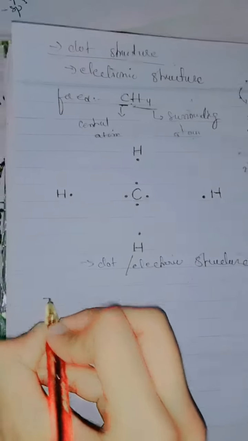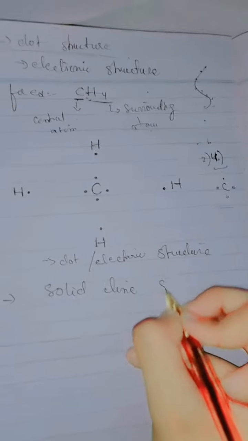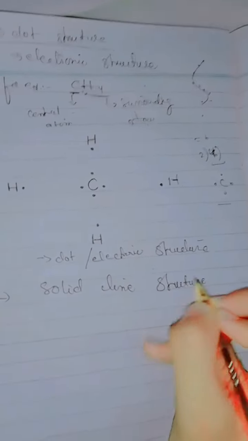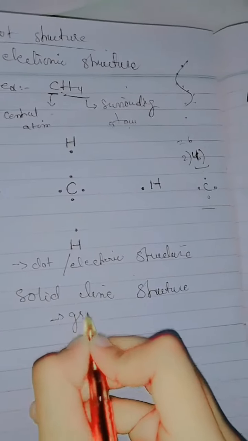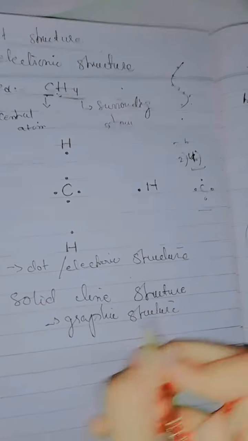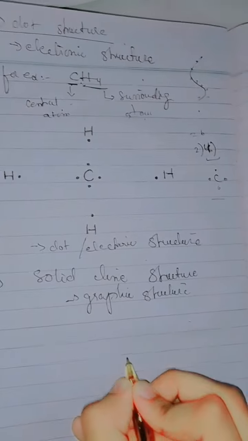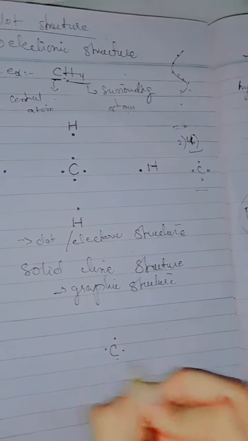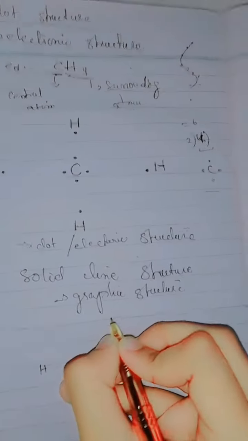Now the second step, that is the solid line structure. Solid line structure is also known as a graphic structure. Either we can say graphic or solid line, both are the same. Now we will form the structure. That is carbon and that is hydrogen.